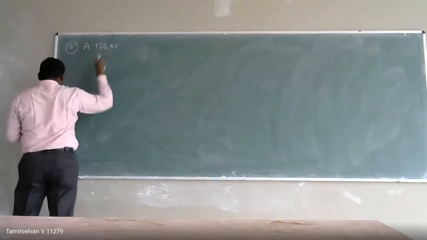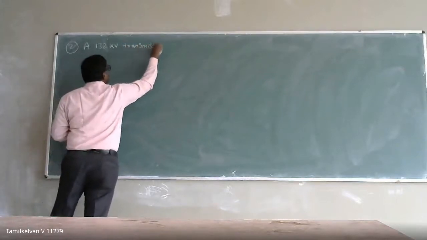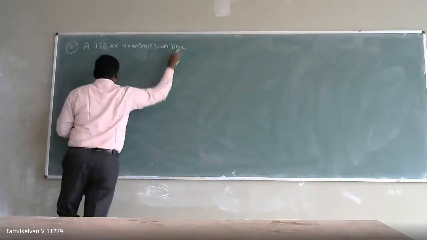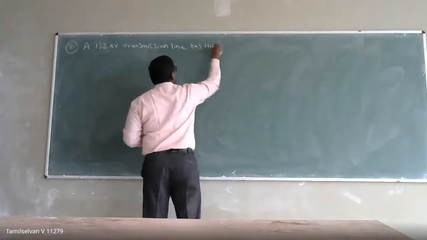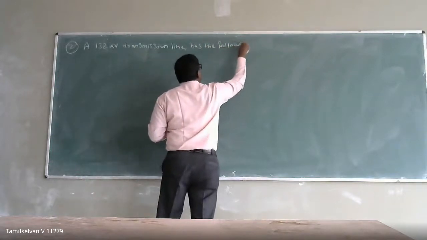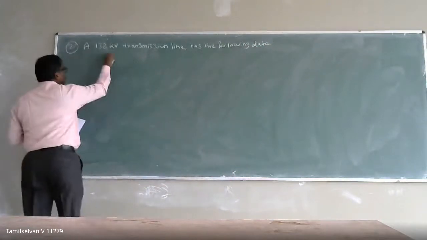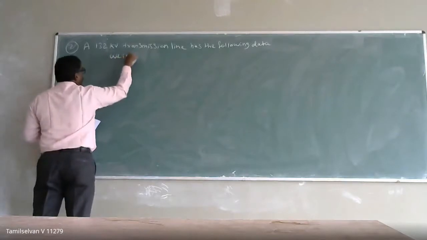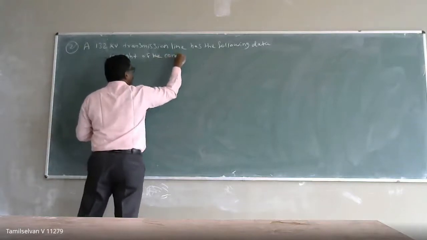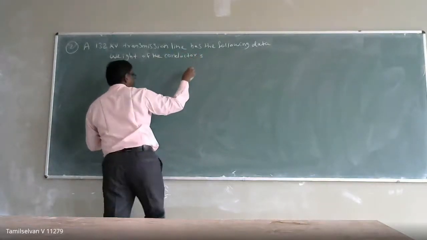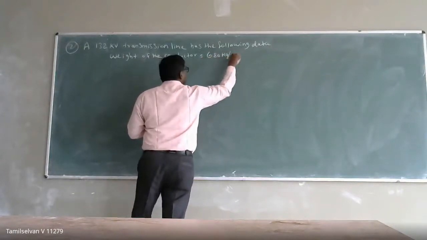A 132 kilovolt transmission line has the following data. Weight of the conductor: 680 kg per kilometer.